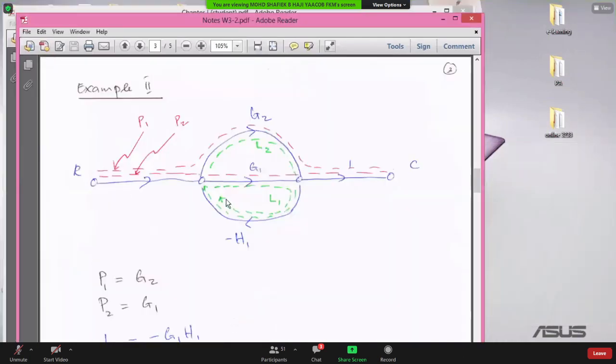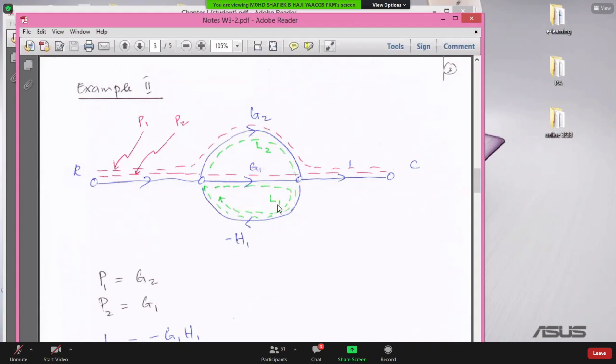Now, the green lines here represent the loops. The first loop is the small loop here, L1, and there's a bigger loop, L2.